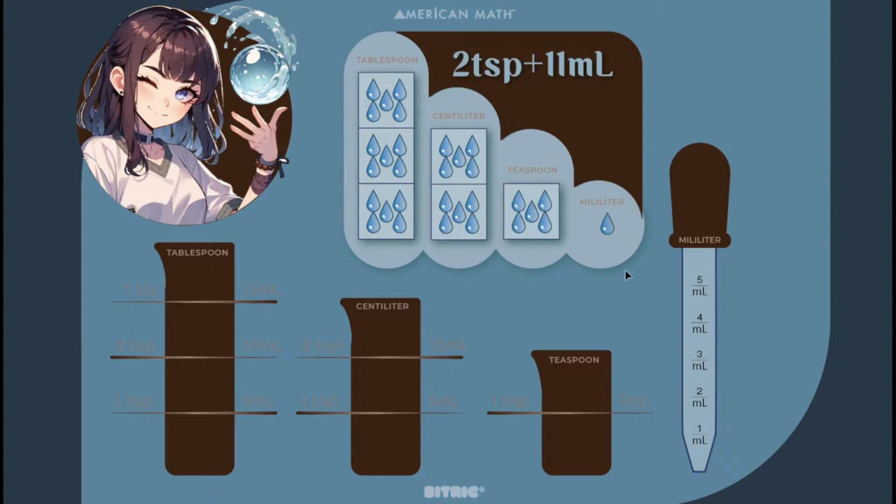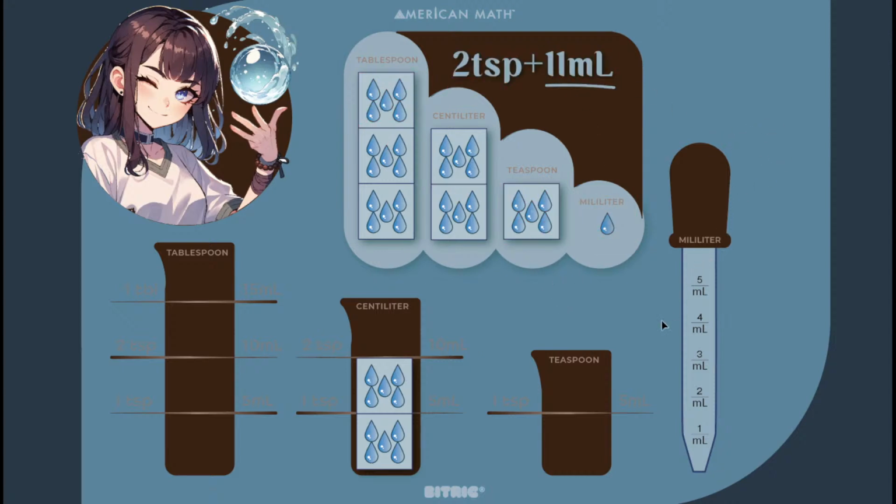We don't need to worry. As long as we don't overfill a beaker, everything is fine. So we're going to start out by placing 2 teaspoons, and 2 teaspoons are 1 centiliter. So we'll go ahead and place that into the centiliters beaker. And now we need to add 11 milliliters.